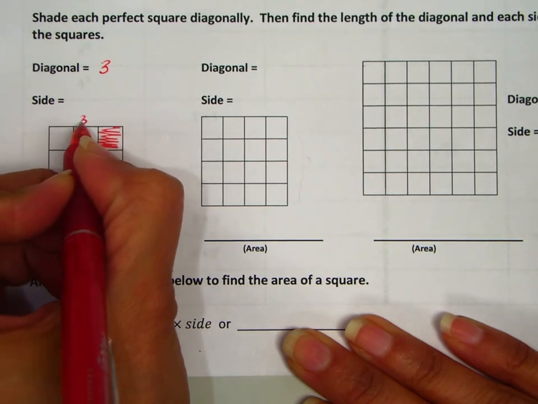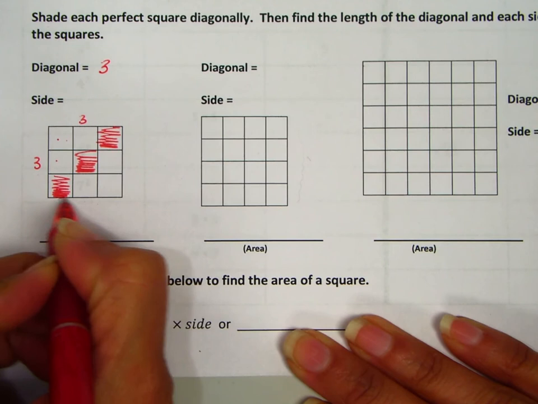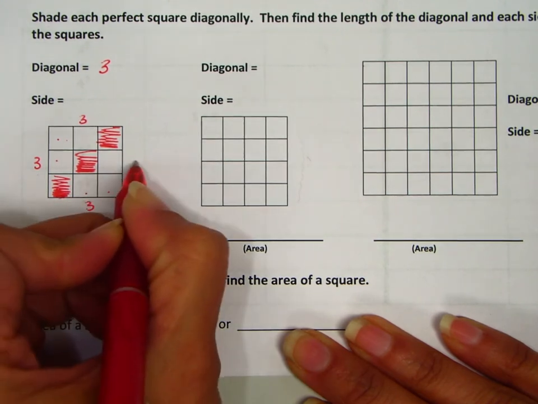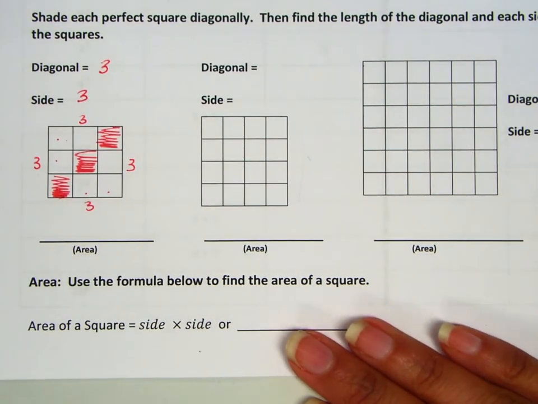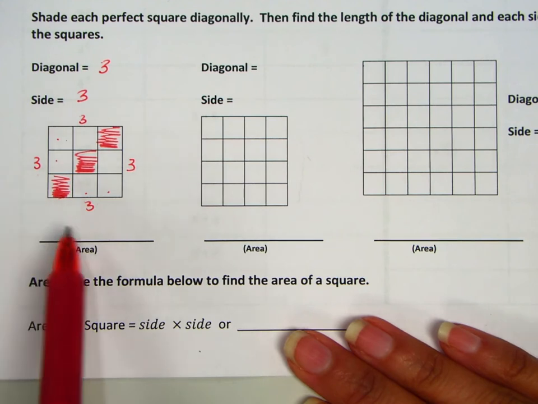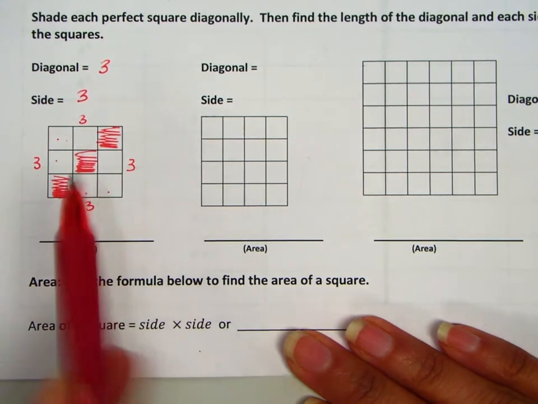So this side is 3. 1, 2, 3. This side is 3. So each side is also 3 units long. So we know that a perfect square is going to have the same diagonal length and the same side lengths.